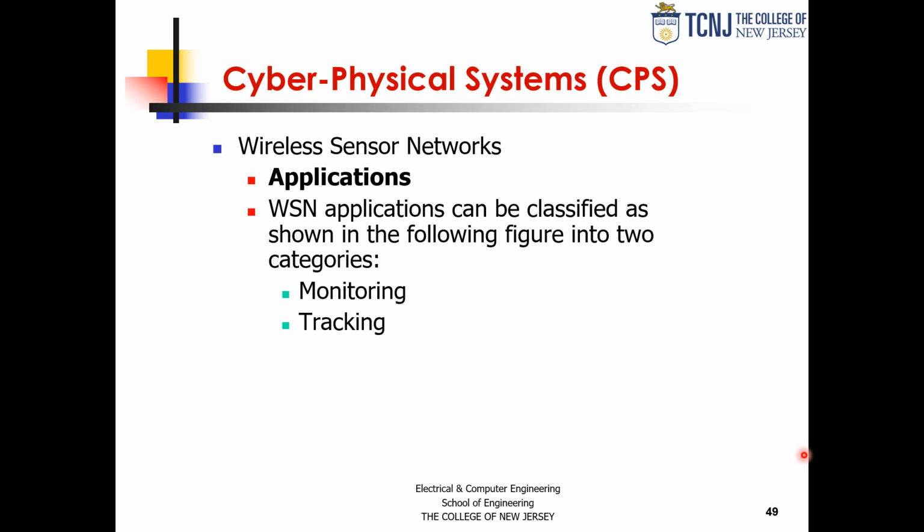In contrast, monitoring refers to actually gathering data and sending data about the environment of that which the sensor is attached to. So in a sense, monitoring is a little bit more comprehensive than just tracking the location of something.